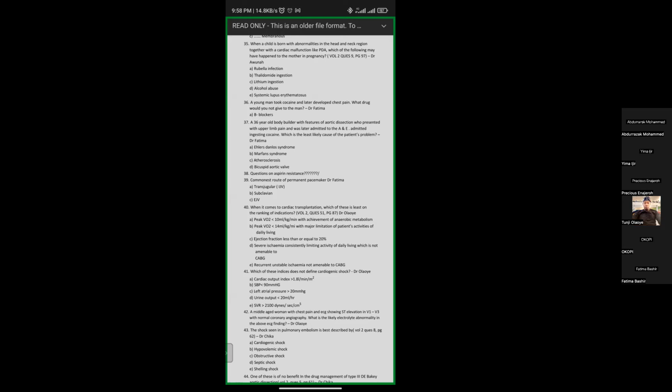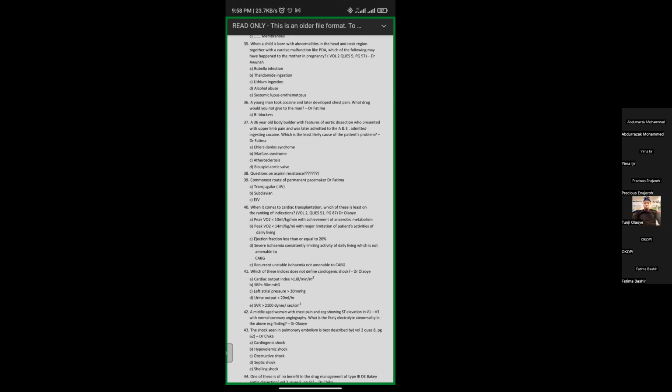So this is a patient that came with features of aortic dissection, and there is history of cocaine ingestion. So looking at the causes of aortic dissection, already he is taking cocaine. So cocaine could be a cause of aortic dissection in this young man.